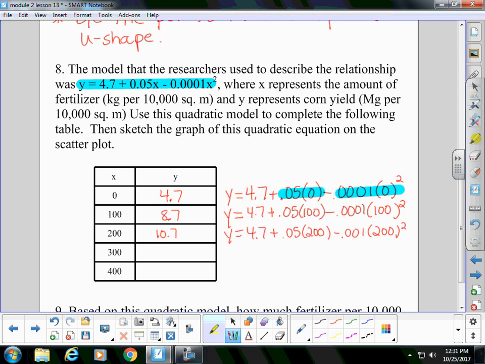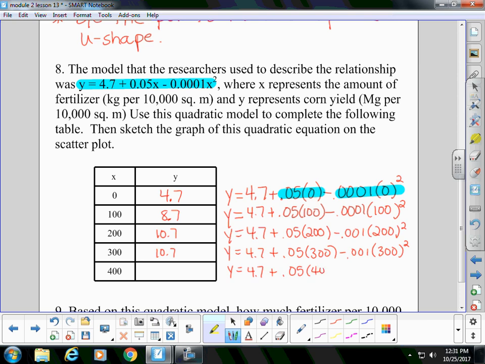Then I'm going to change it to 300. I got the same number again. Interesting. It is correct. Now I'm changing to 400.